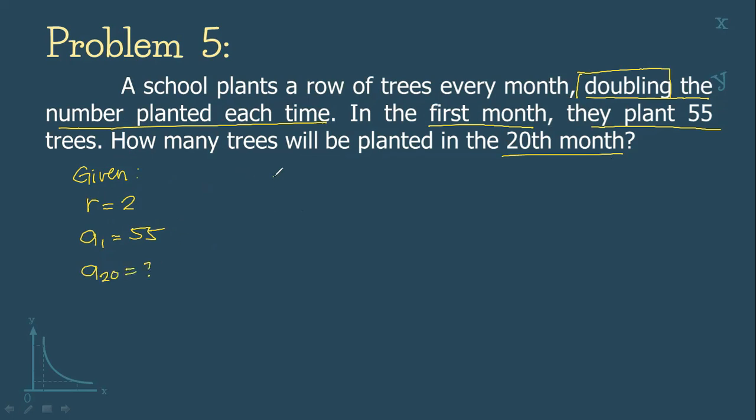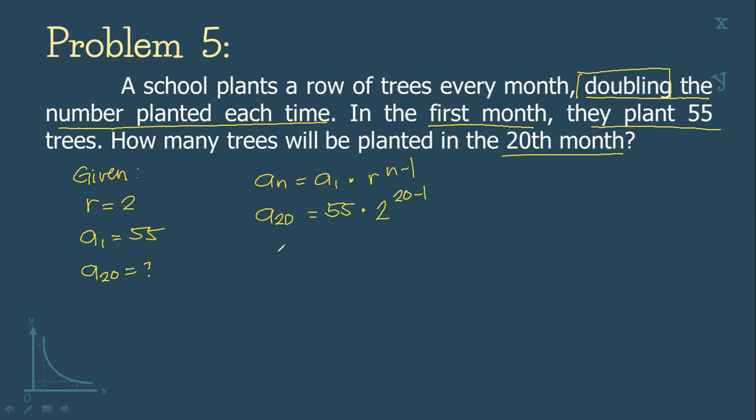So we have here a sub n is equal to a sub 1 multiplied by r raised to n minus 1. So our a sub n is actually the 20th term. So we write that as a sub 20 is equal to the first term natin of 55 multiplied by the r natin or the common ratio of 2 raised to kung alin po or kung ano yung isinulat as the subscript of the nth term, yun din po yung gagamitin natin. So we have here 20 minus 1.